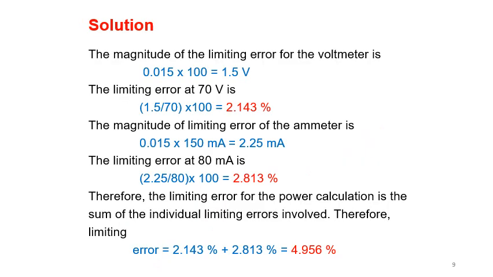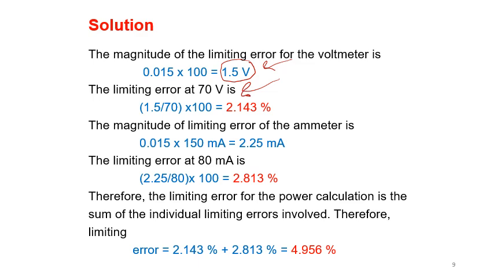To do this kind of question, we are going to calculate the percentage value of error. I mean the plus minus 1.5%. How is it going to affect the voltage? It's by 1.5 volt. That means if we measure 100 volt, we are expecting an error of 1.5 volt. How about if we are measuring 70?